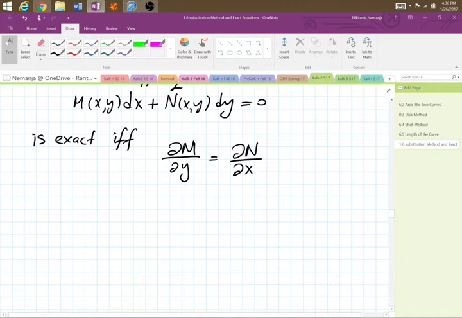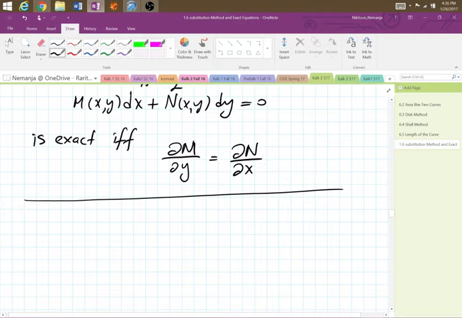So let's take a look at the example, which is technically a review of what you guys learned last semester, if you learned it. If not, well, you're learning it now.